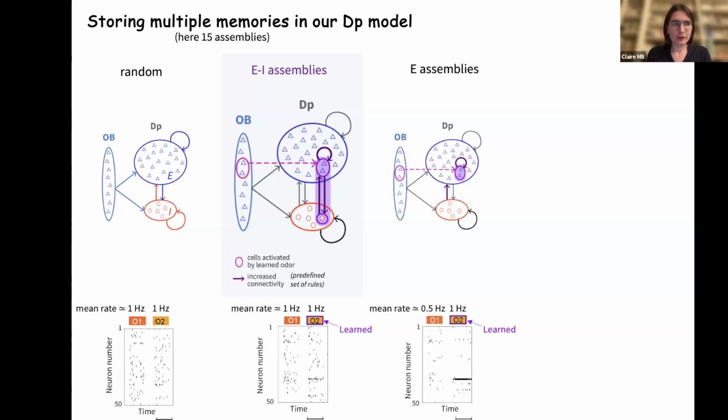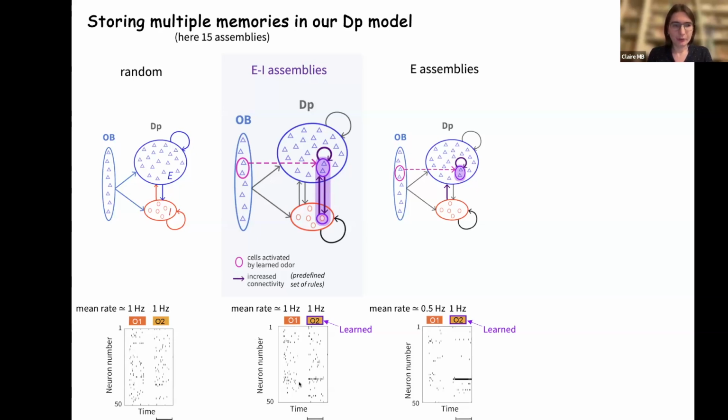I want to mention here that each assembly is relatively small relative to the total size of the network. It comprises around 2 to 3% of the total neuronal population. Also, we increase connectivity in such a way that the mean firing rate in response to the learned odors is of the order of 1 Hertz and similar to the mean population rate we see in random networks.